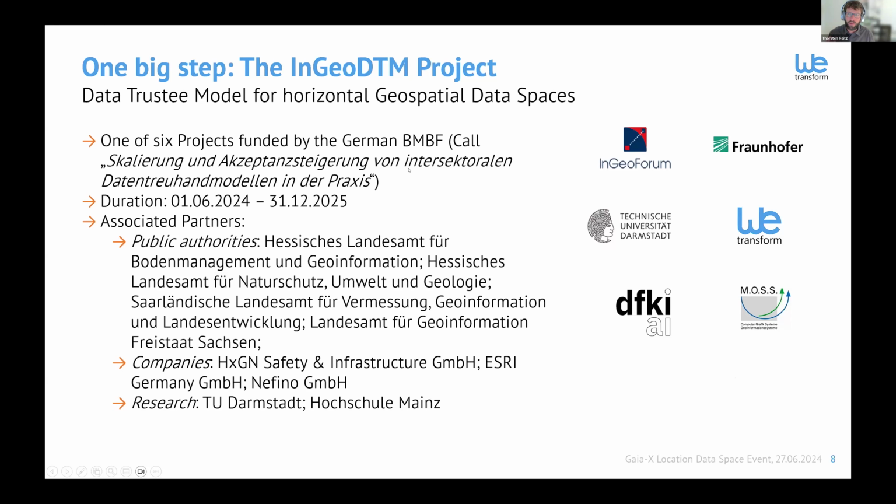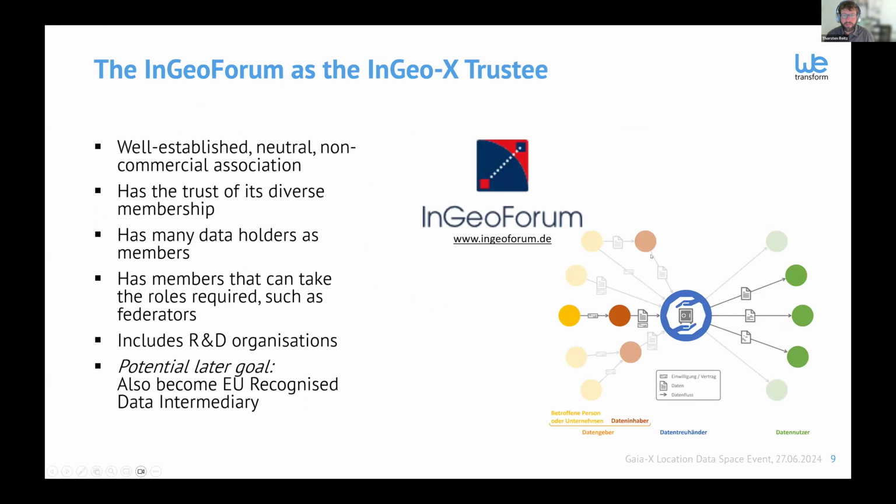So what we want to provide, together with the partners, which include a lot of associated partners and data providers and so on, is to really build up a trustee that follows geospatial data space principles and tries out value chains with this data in a data space along certain use cases. The actual trustee is going to be the association that I mentioned at the beginning, the so-called InGeo Forum.